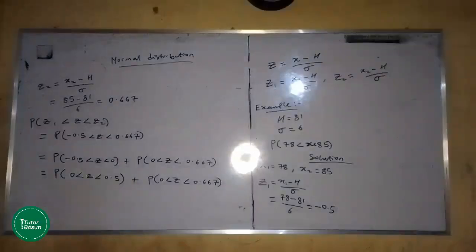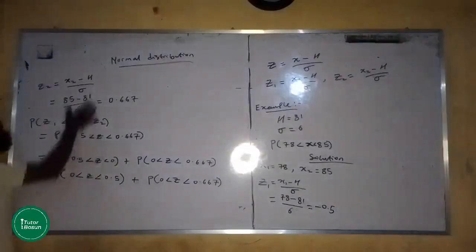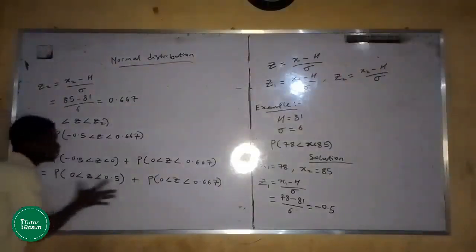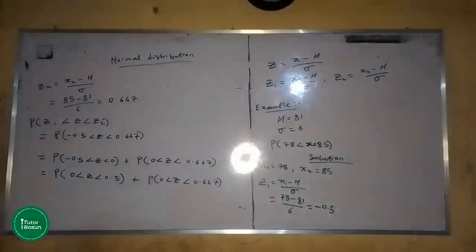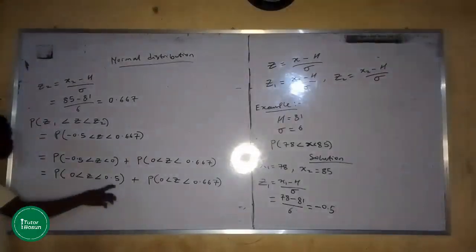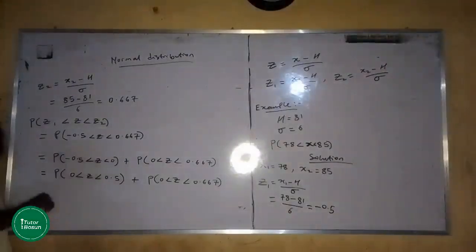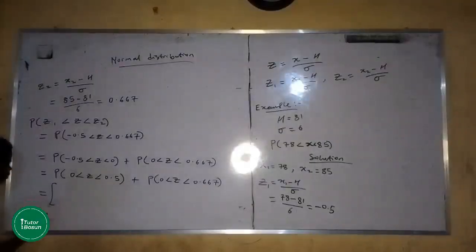So we have successfully transformed our negative to positive. Then we are good to go. We can now make it 5z2 minus 5z1 in this situation. So automatically, what do we have?